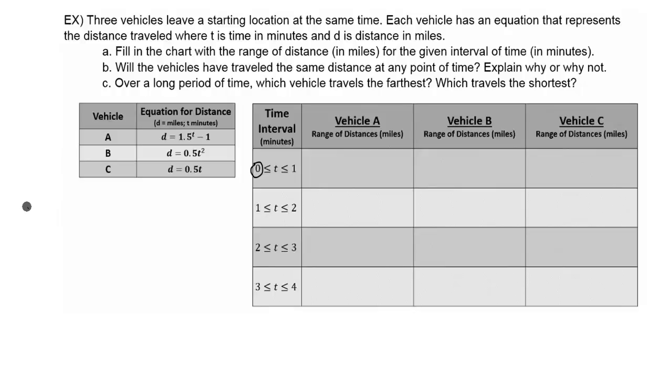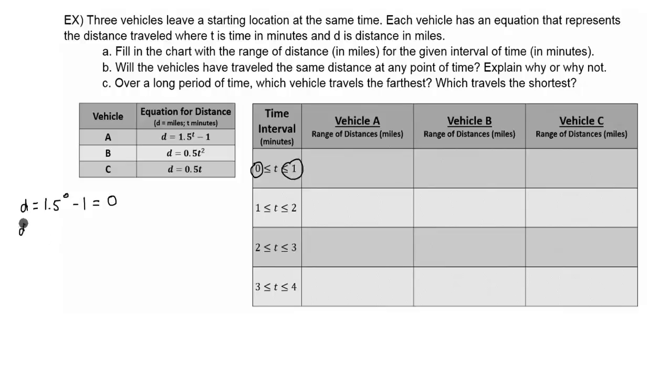So I'm going to start by writing d equals, and then the equation is 1.5 to the t power minus 1, and we're plugging in 0 for t. So 1.5 to the 0 power is 1, and then minus 1 is going to be 0. And we're going to do that for t equals 1 here.